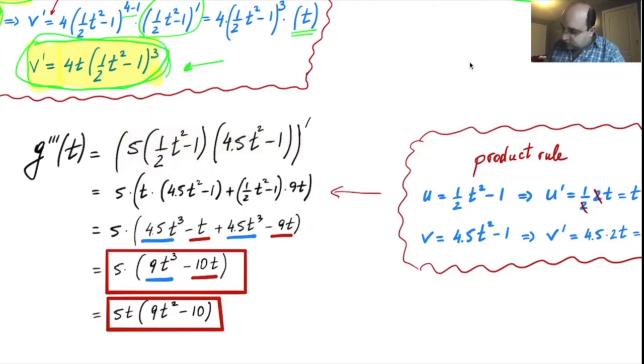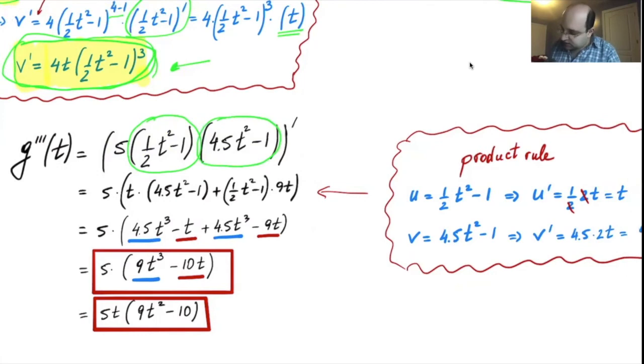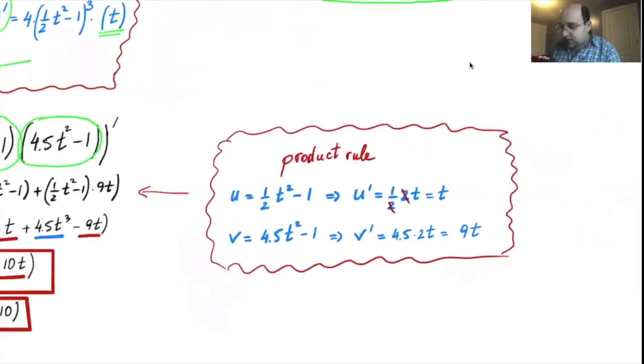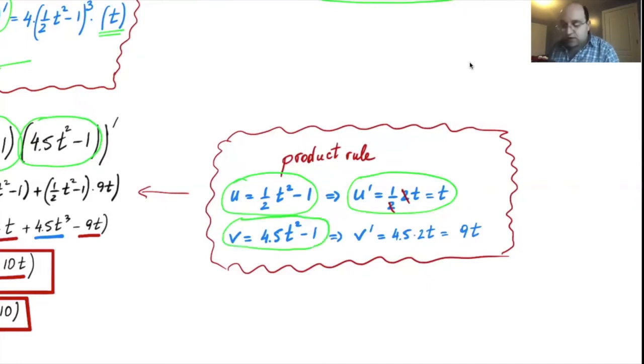We're going to use u as the first term here and v as the second term here. So u is equal to 1/2 t squared minus 1, and the derivative of u is equal to t after simplifications. And then v is equal to 4.5 t squared minus 1.